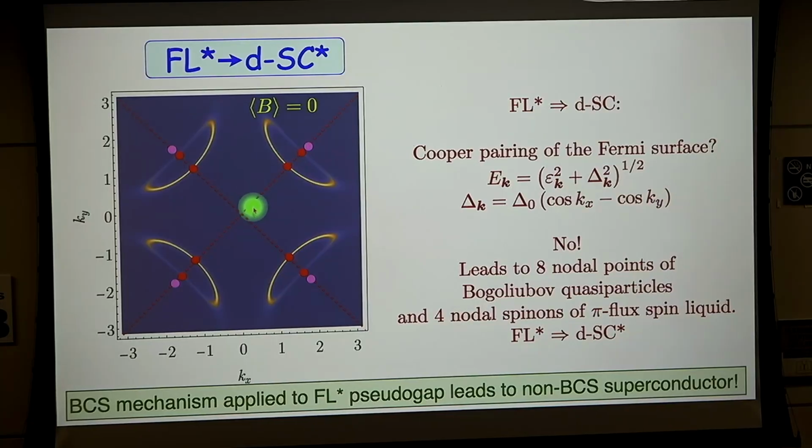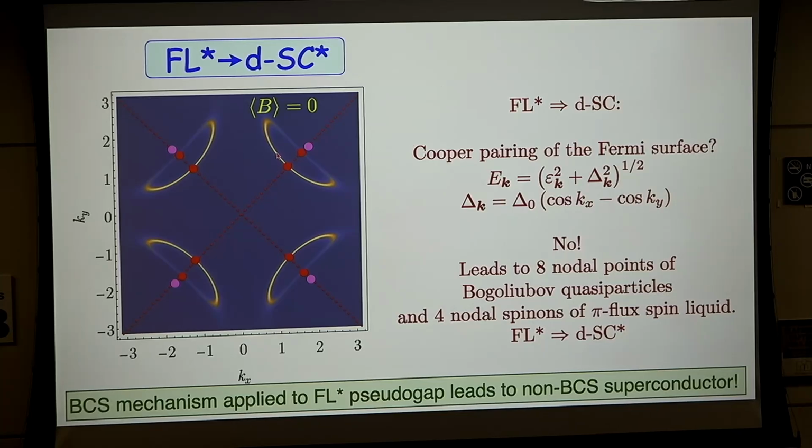Now, for photo emission, this is not such a problem. You could say, well, first of all, the spinons don't contribute to photo emission. And the backside has very low intensity, so let's not worry about this. However, for thermal conductivity, this is a huge problem. For thermal conductivity, all of these nodes, all of these dots, the red and the pink, are going to give you thermal conductivity of 12 Dirac nodes.